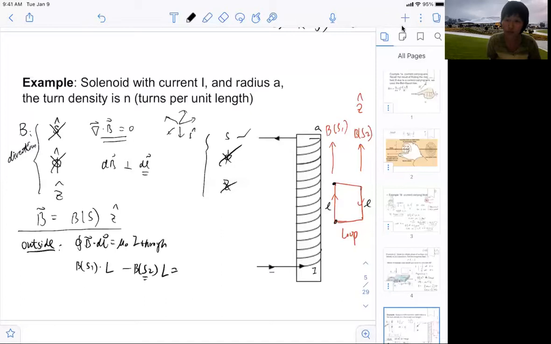There's no current, right? Current is not through this loop. So 0 on the right-hand side. Just like Gauss's law, if you're not enclosing any charge, there's 0. If you don't have any current through, it's 0. So I get B at S1 is equal to B at S2.